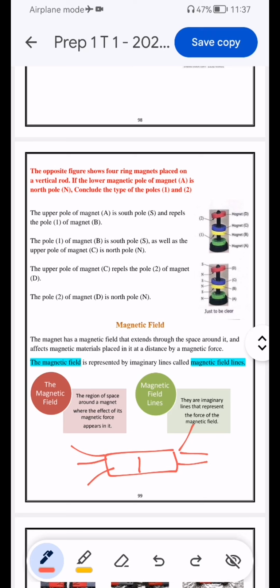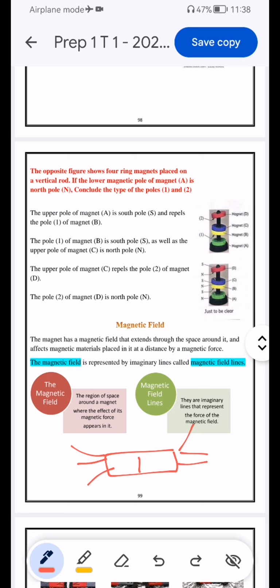So the magnetic field is a region of space around the magnet in which the effect of the magnet, the magnetic force, appears. It will attract any magnetic material that is put in this area. So it can attract any material from a distance, but the material must be in the magnetic field.